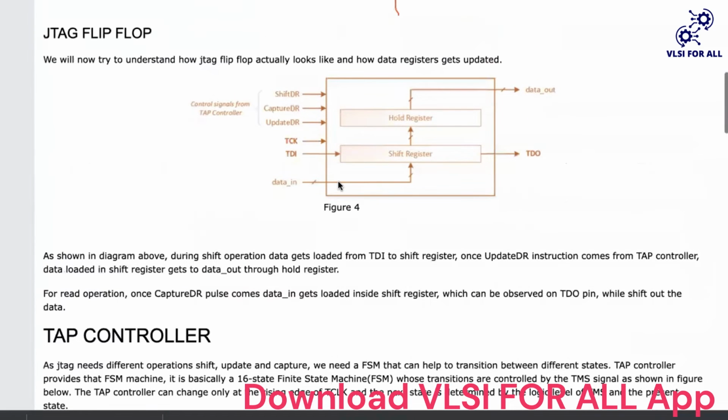Till this part, is it clear to everyone? So capture is something that we are taking from the output of the chip, right? Capture is something we are taking out of the chip, from the output states. In the previous diagram, you connected the input of the chip to the data in.